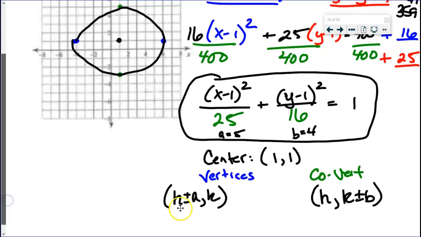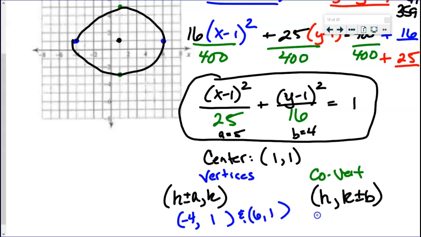As long as I plotted properly, my 2 vertices on the major axis are at, I already forgot what a was. There we go, 5. So 1 plus 5 and 1 minus 5. So negative 4 comma 1 and 6 comma 1. That's exactly where I plotted them.